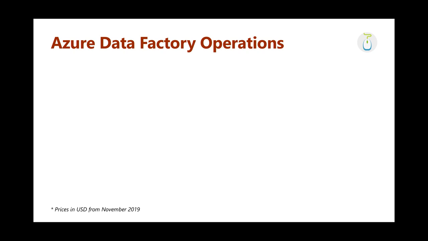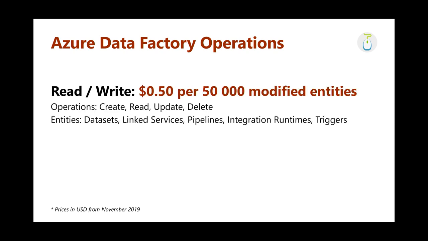Operations are all the things that you're doing inside of Azure Data Factory. So again, it's pay as you go, and everything that you do has a cost. So if you're doing things like reading and writing, that means creating, updating, or deleting things like datasets, pipelines, and linked services. Every time you do an operation like that, there is a tiny, tiny cost to that. And it's 50 cents per 50,000 operations or modified entities, which is not a huge cost at all.